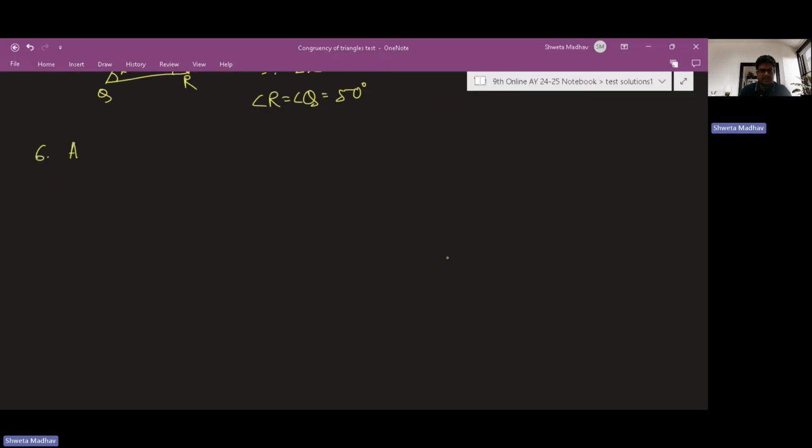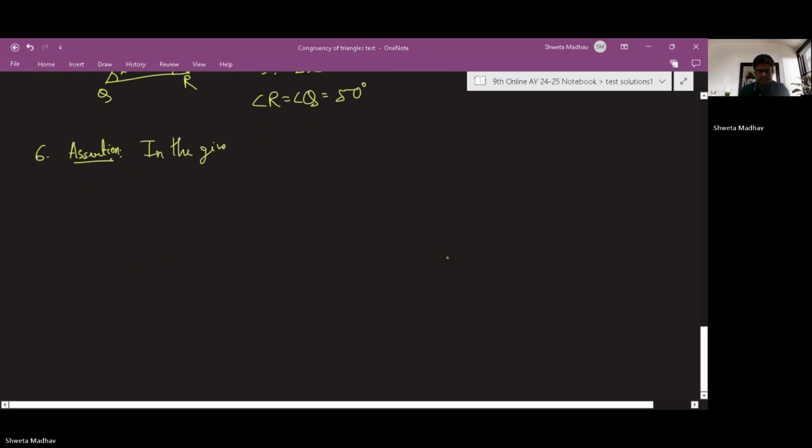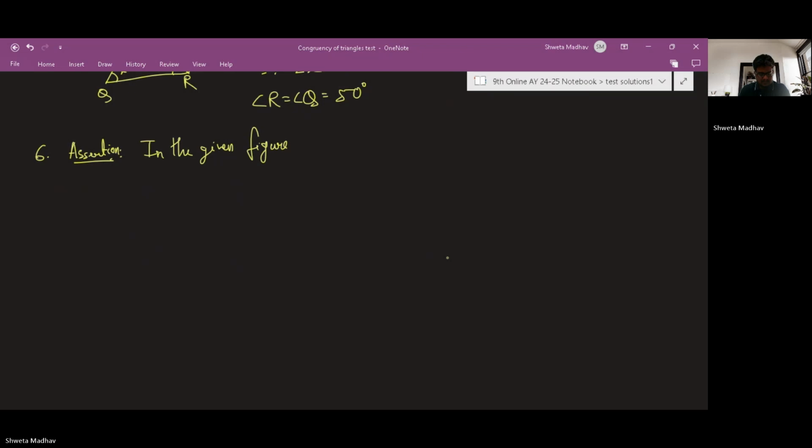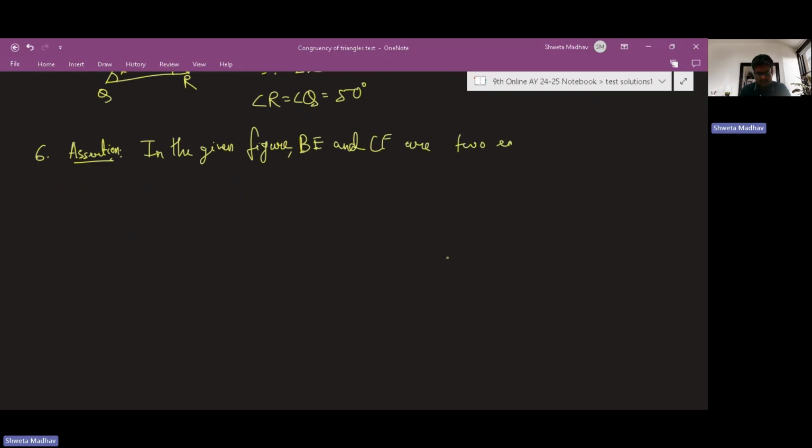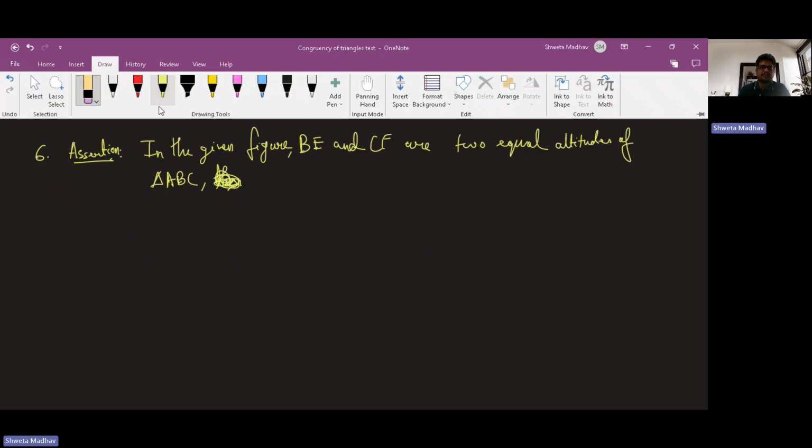Question number 6, the assertion is given as: in the given figure, BE and CF are two equal altitudes of triangle ABC.